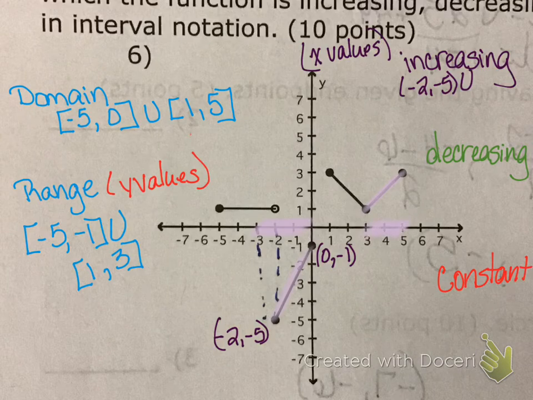I can write down 3, 1, and 5, 3. So my increasing again goes from 3 to 5. For increasing, decreasing, and constant, you always use parentheses.